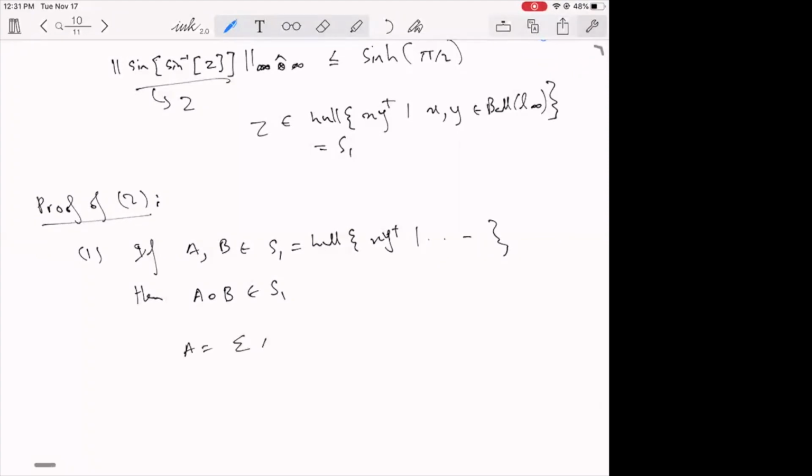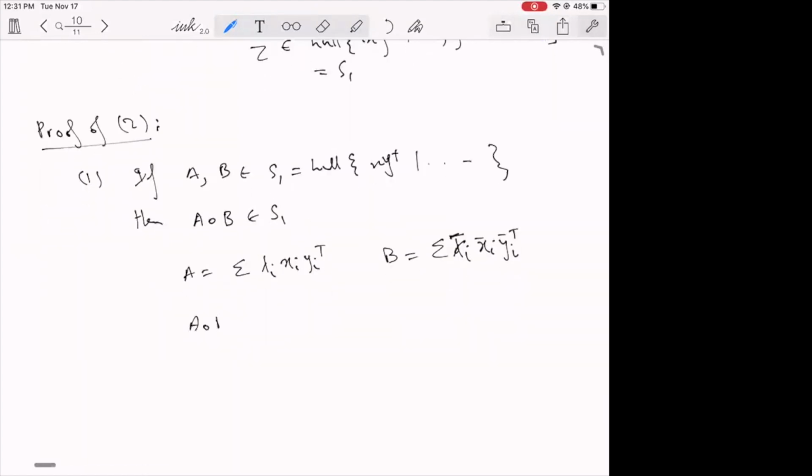If A is a convex combination of hypercube vectors, and B is a convex combination of hypercube vectors, with weights lambda bar, then A entry-wise product B is equal to the summation over i, j of lambda i lambda bar j times xi circ xj, the entry-wise product of the vectors, times yi circ yj transpose.